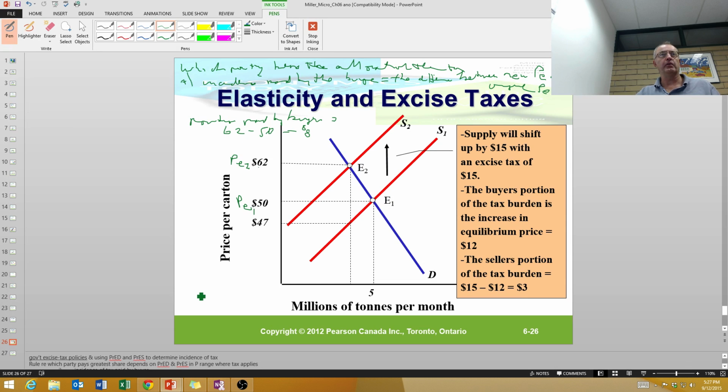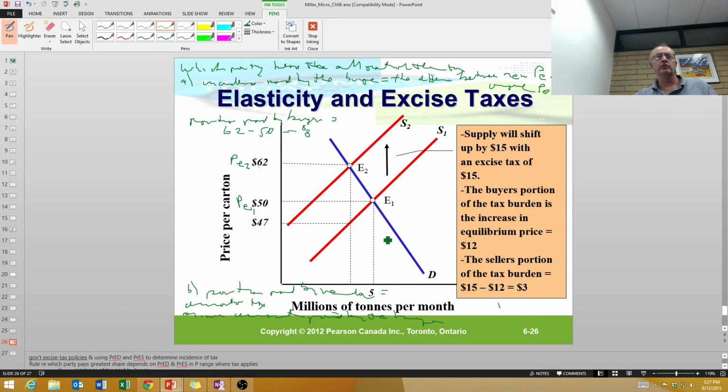And then the second part of the rule is: the portion paid by the vendor equals the amount of tax minus the amount paid by the buyer. The amount of the tax is $15.